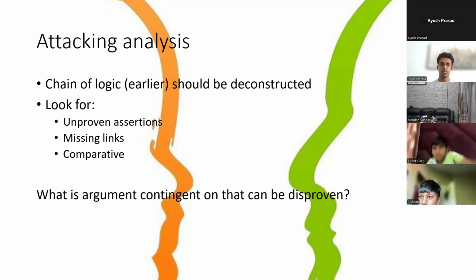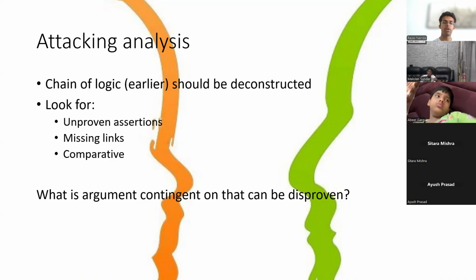Could you repeat what is comparative there? Sure. Yeah, I'll go into that. Comparative is what I mentioned about explaining your side and their side. When looking at their analysis, it could be that the analysis is true, and so you can't say that there's anything unproven or that there are missing links.